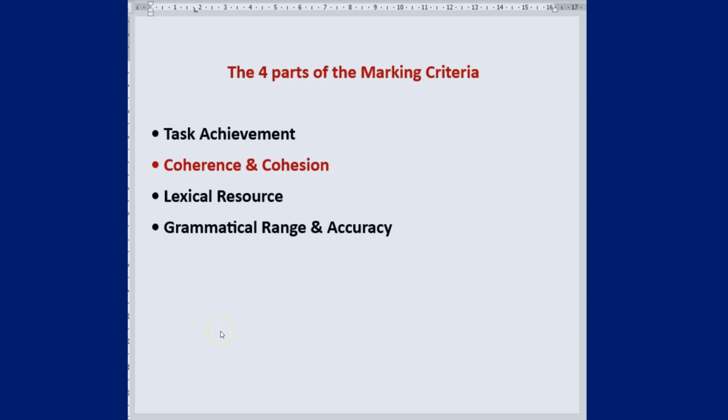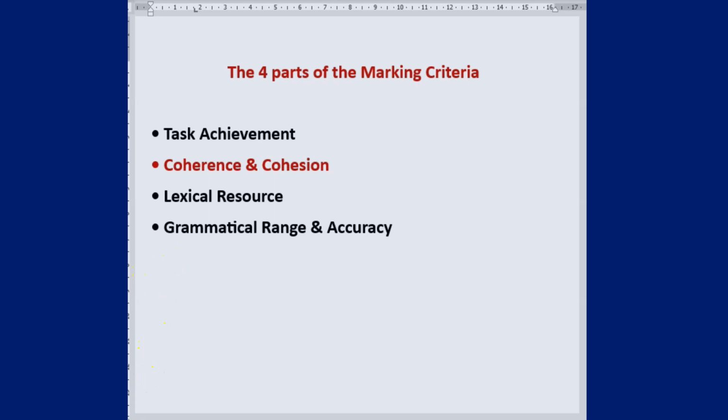How clear are they when the examiner is reading it? So it's important for you to also check that side, and that is what the examiners will be using to assess you. So this is where they will check for some coherent devices, cohesive devices, and also some linking words. So they'll be using all these to assess you.